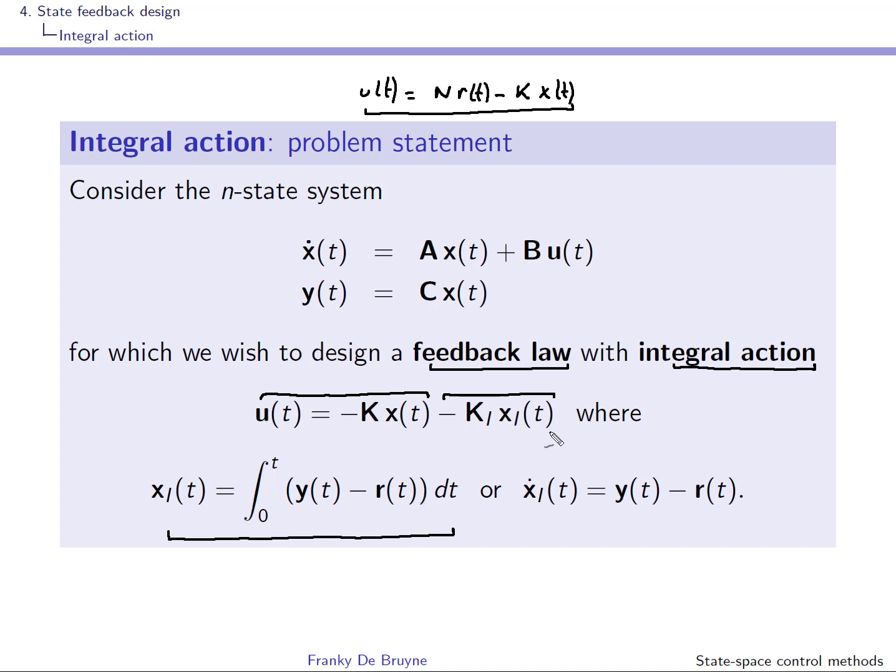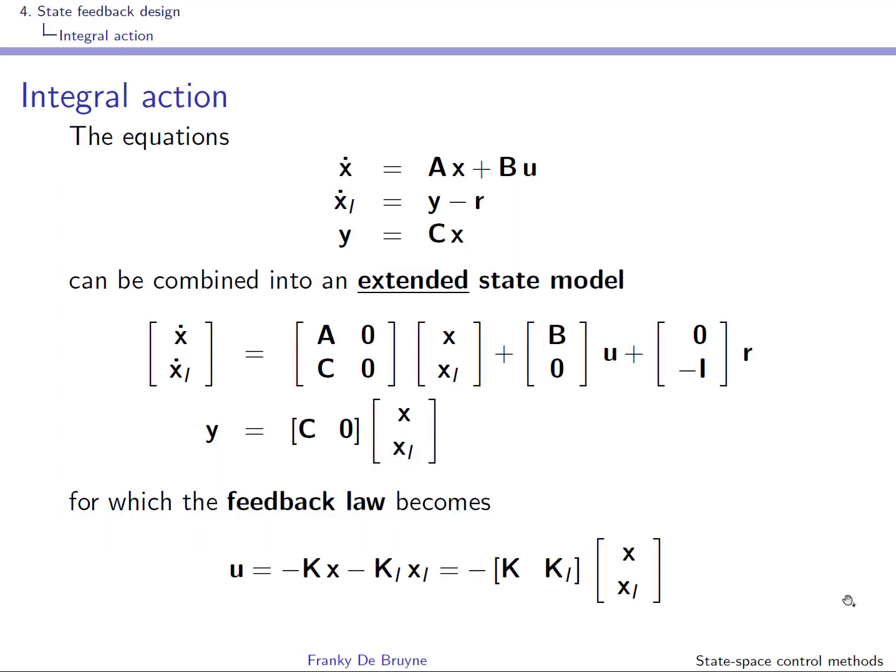And this second term is really implementing the integral action. So if you take the derivative of this equation, obviously you obtain the following equation, and this equation will be used in the next slide when we extend the state.